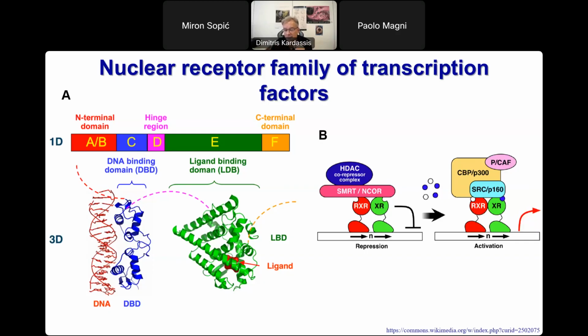When ligand comes, let's say a hormone, and binds to these receptors, the ligand binding domain changes in conformation, and this change in conformation displaces the co-repressors and recruits coactivators. Now the co-repressors leave and coactivators come. The coactivators are histone acetylases. They acetylate histones, and the chromatin opens, so we have transcription initiation.